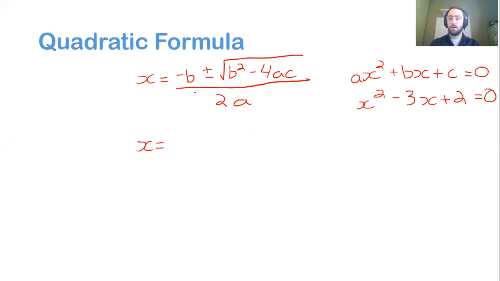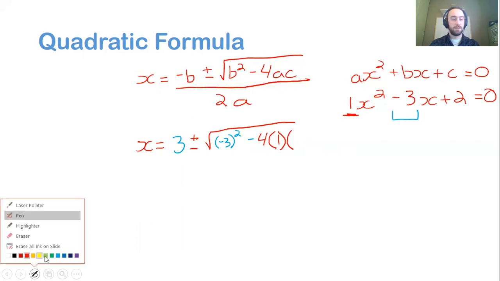So x equals negative b. In this case, b is negative 3, so negative b is simply 3. Now we're going to plus or minus the square root of b squared, so b is negative 3 again, so negative 3 squared, minus 4 times a, and a is 1, so times 1, and times c.